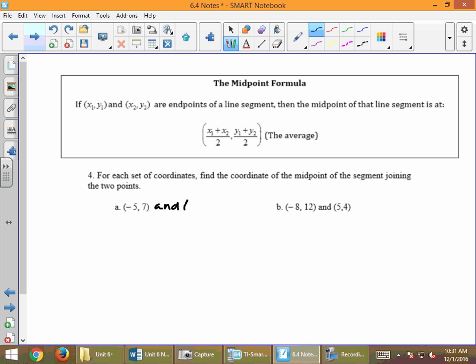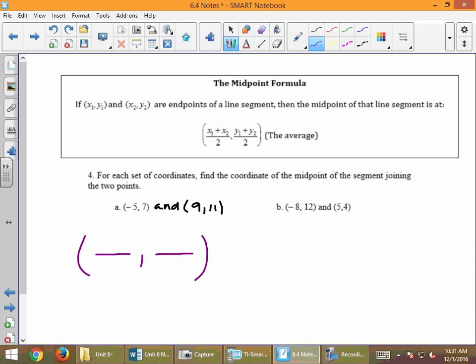At this point, the one that's missing is 9/11. So using that pattern, all you're going to do is take the x values and add them together.